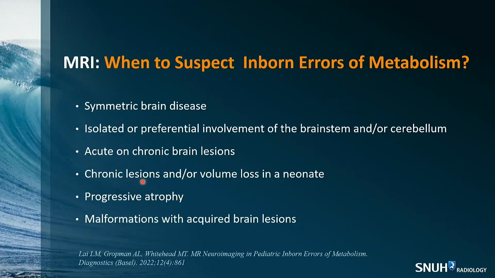Chronic lesions, even in a neonate, or progressive atrophy of the pediatric brain, and malformation with acquired brain lesions. From an imaging standpoint, when we encounter these MRI findings, inborn error of metabolism should be considered, and MR spectroscopy should be added to the examination.